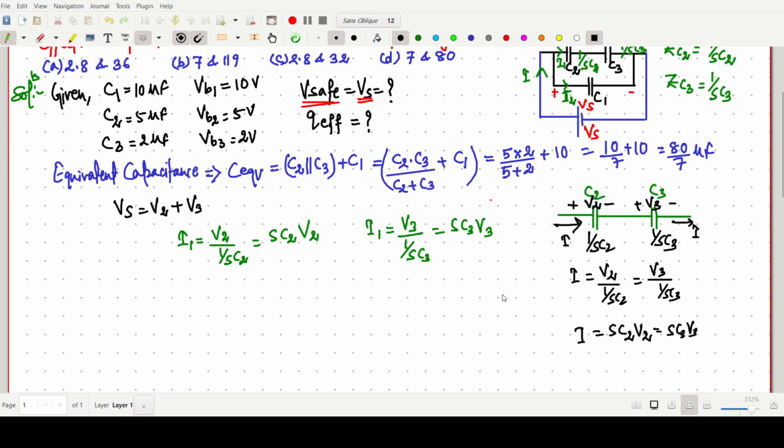The S cancels out, so we can write C2 V2 equals C3 V3.